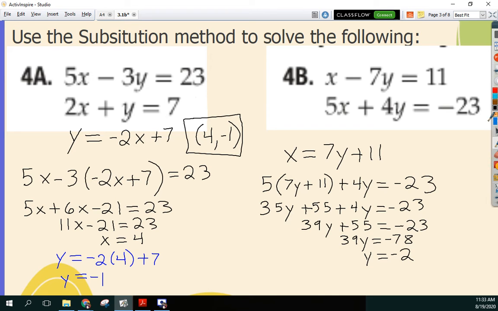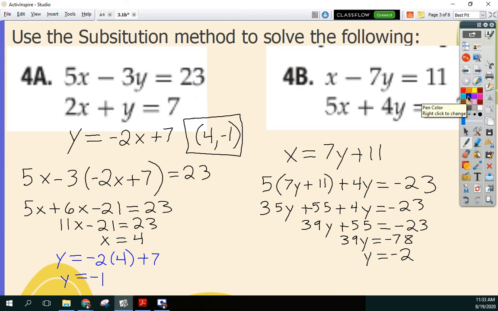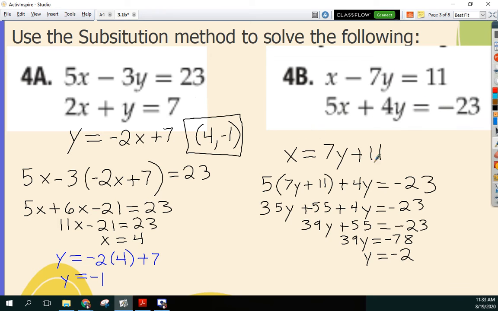Again, we have to back substitute in order to find out what our x is. Again, we could do it into any of our equations, but let's go ahead and use the one where x is already solved for. So we get x equals 7 times negative 2 plus 11. So 7 times negative 2 gives us a negative 14 plus 11 gives us a negative 3.